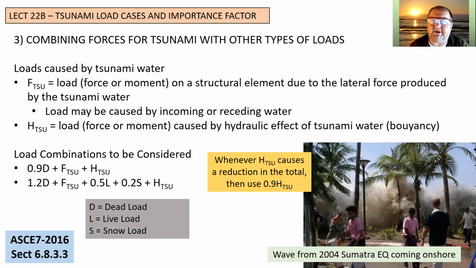The code gives us symbol FSU for a load, which might be a force or a moment on some structural element due to the lateral force produced by this water coming in or going out after a tsunami wave. It's important to remember that we have to consider both the incoming and the receding wave.